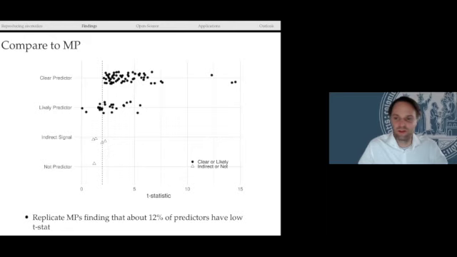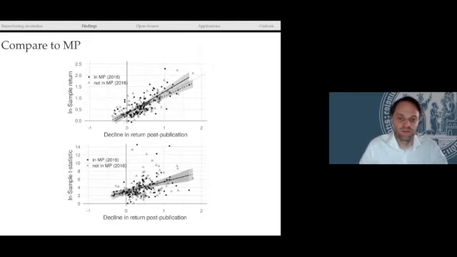We have another nice validation of McLean and Pontiff. As you can see here, not sure how familiar you are with this paper, but the paper is about publication bias in cross-sectional stock returns, and how you can measure that. What they plot in their paper is, on the x-axis, decline in returns post-publication against the in-sample return in the original sample period.